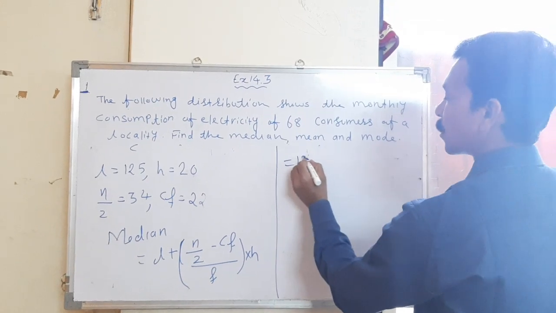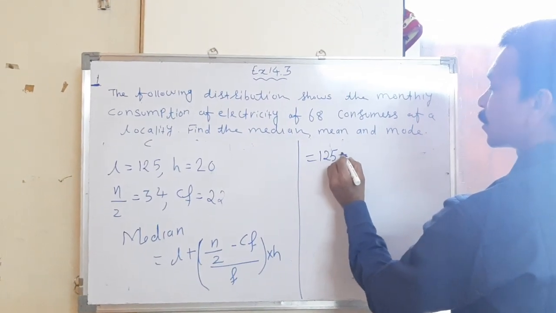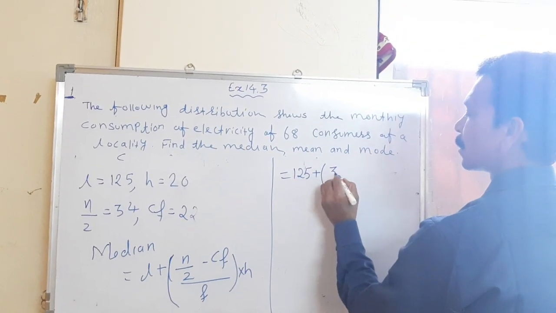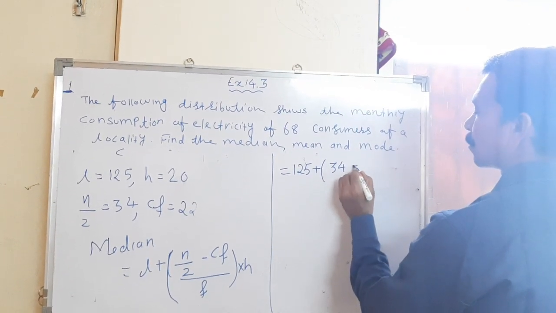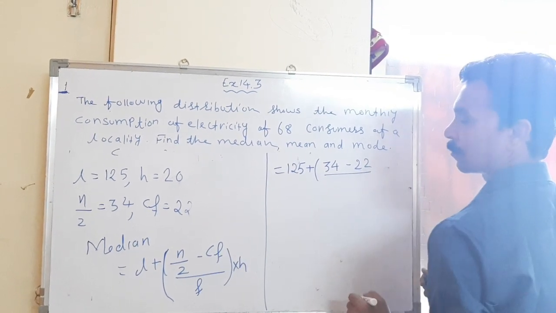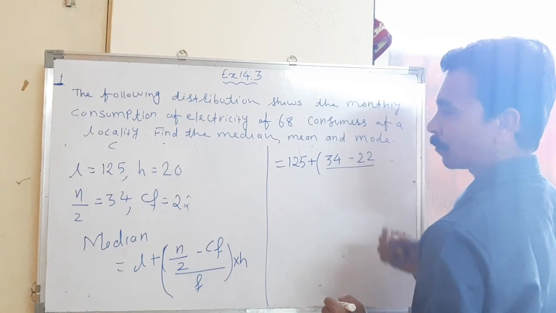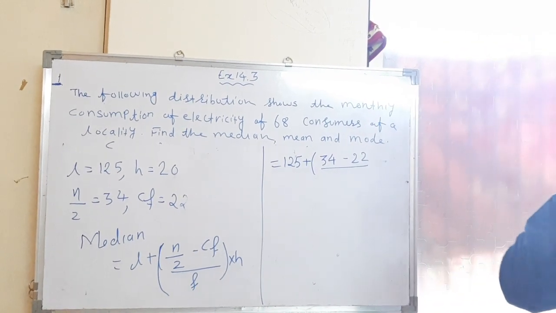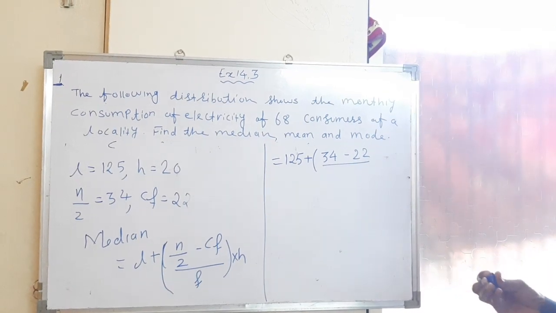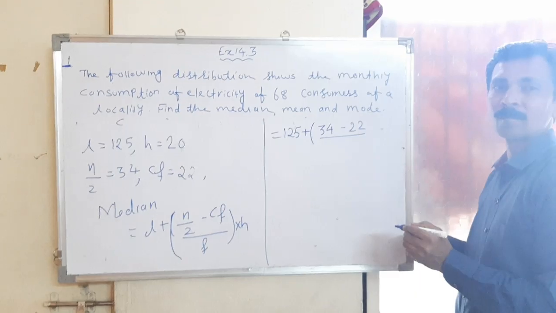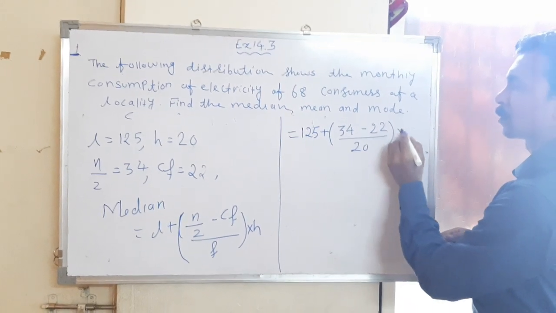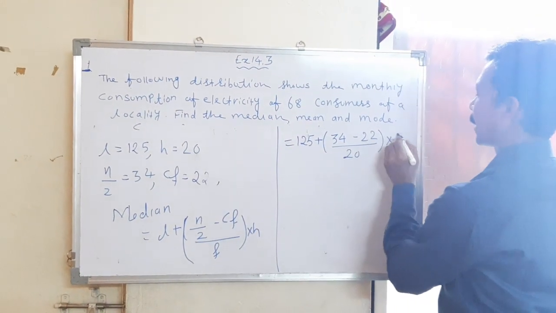Median is equal to L, L is 125, plus n by 2 was 34, minus CF is 22, upon frequency, the maximum frequency was 20, into height is 20.